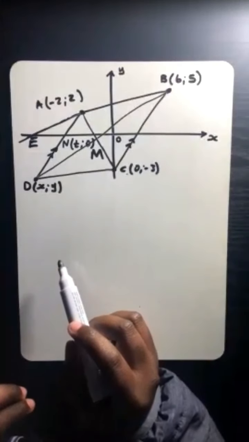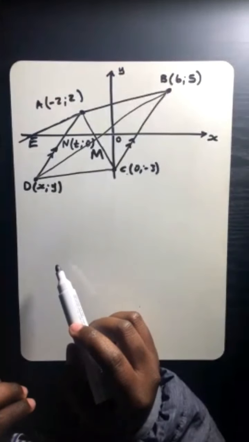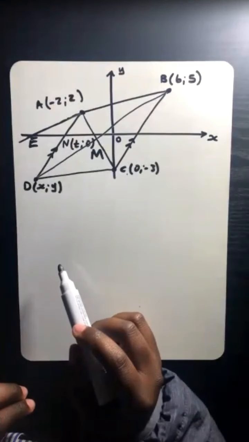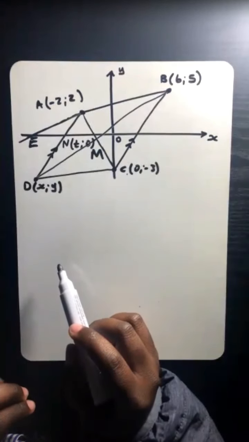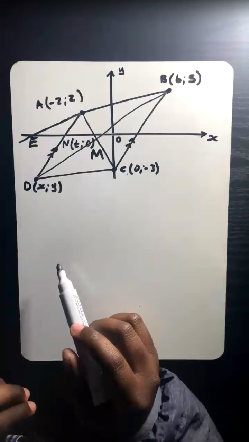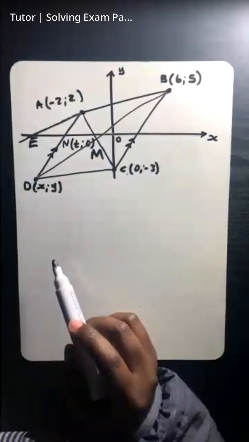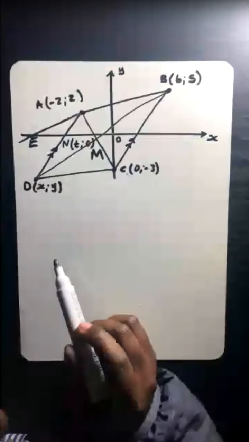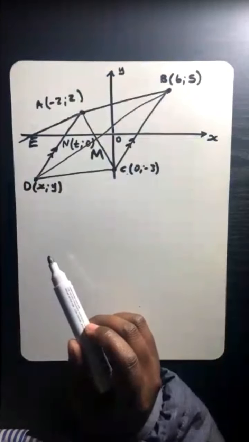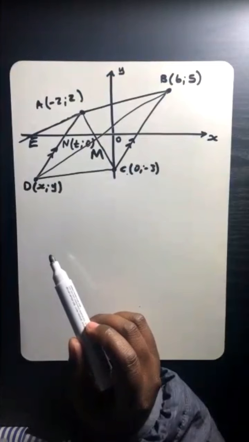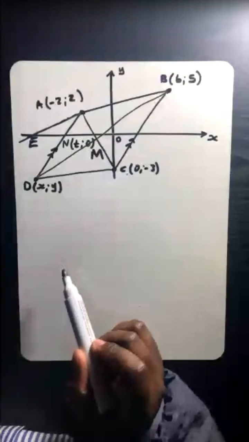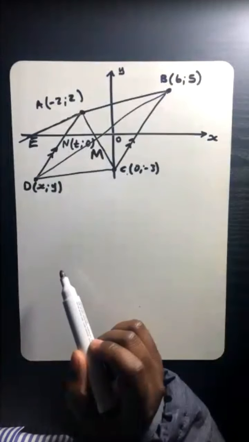So they are the vertices of a quadrilateral. Listen very carefully: a quadrilateral having AD being parallel to BC.